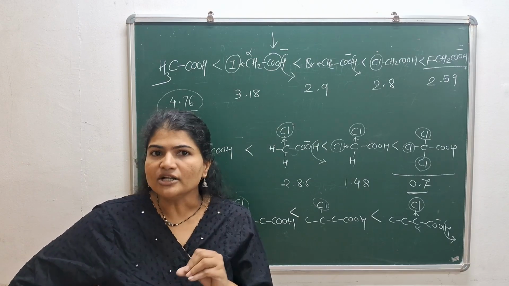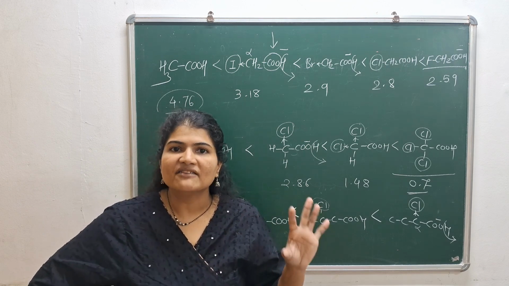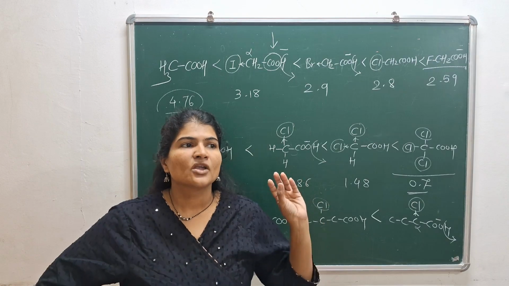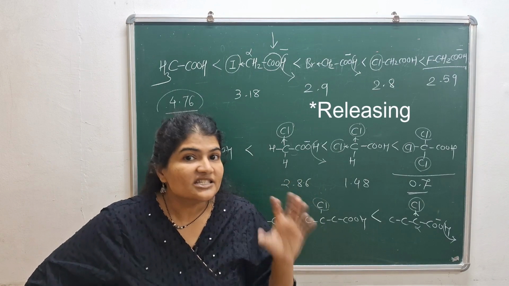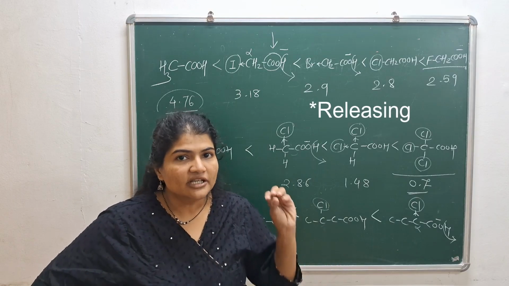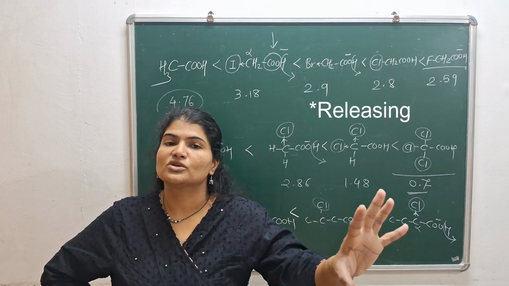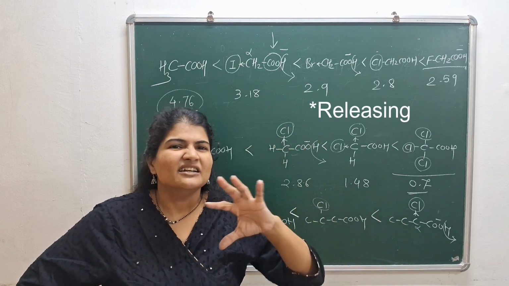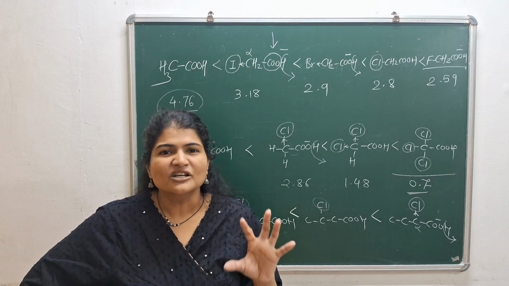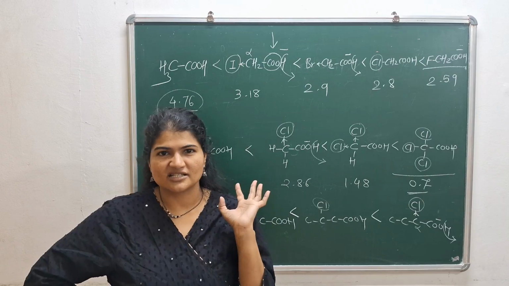Talking about the effect of substituents, initially we saw groups like alkyl groups which are electron donating and exert positive inductive effect. They push their electrons towards the carboxylate ion, making the negative charge prominent and destabilizing the carboxylate ion, so it is difficult for them to release the proton.